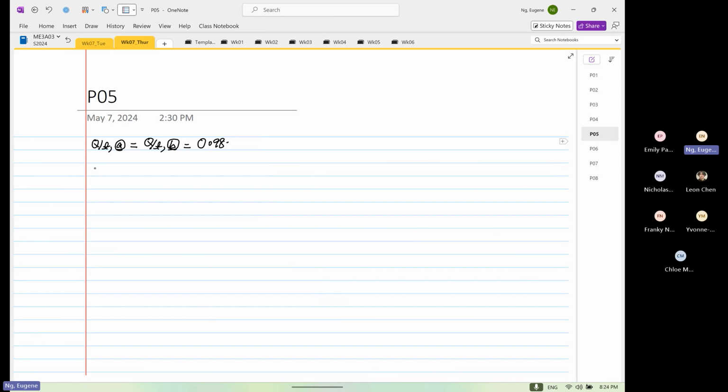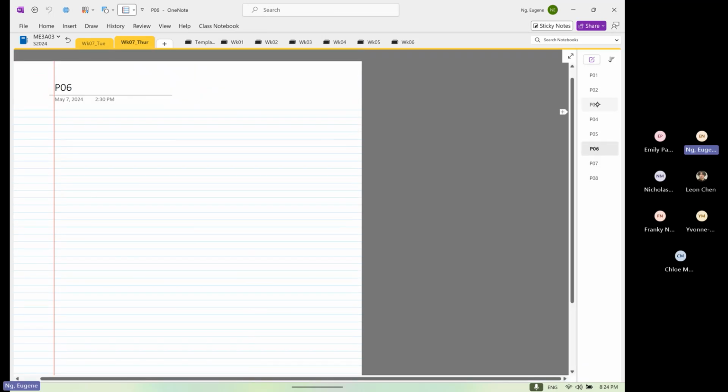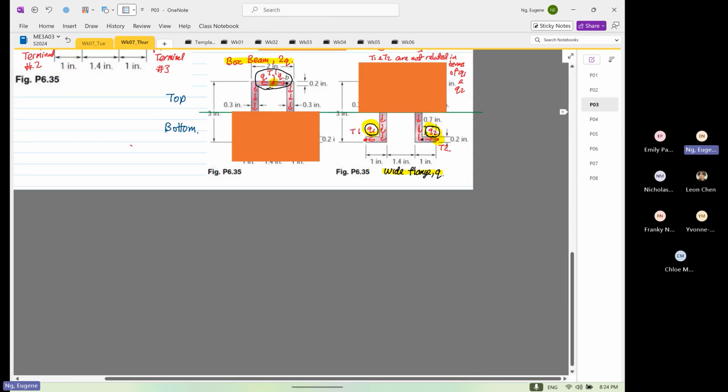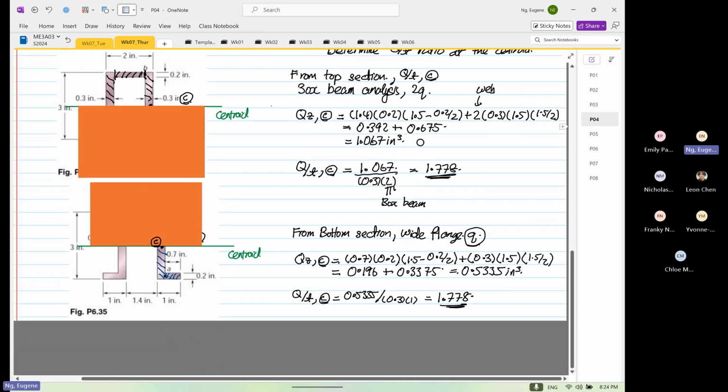And we know that the Q/T ratio at point C is equal to 1.778.